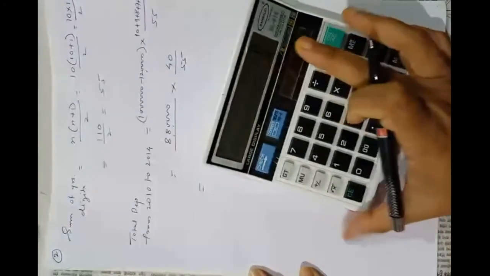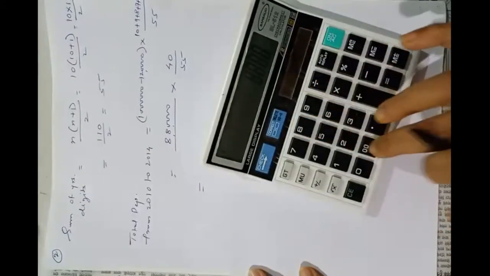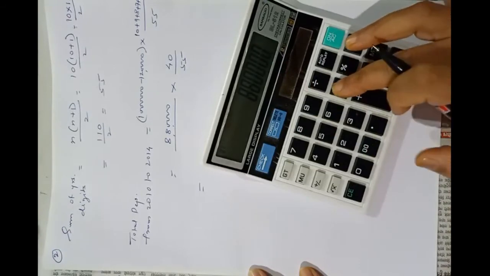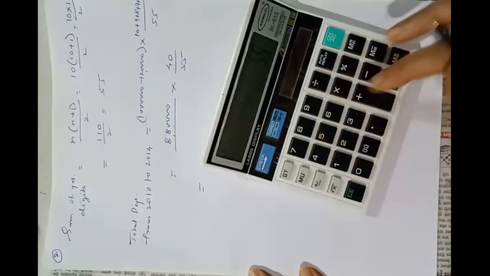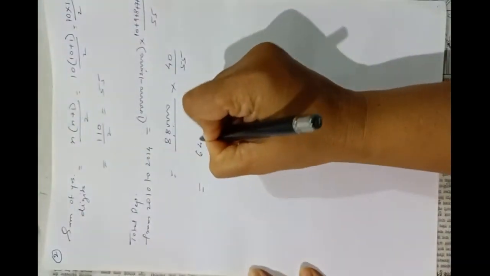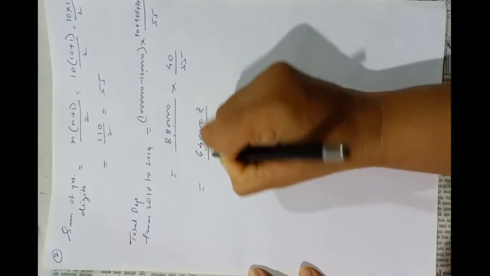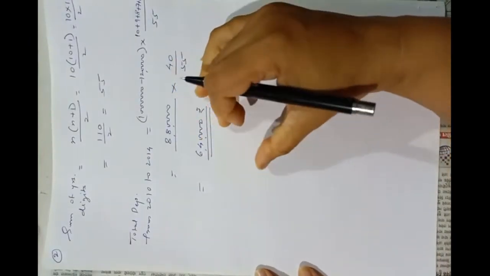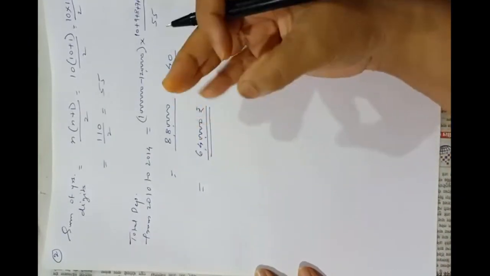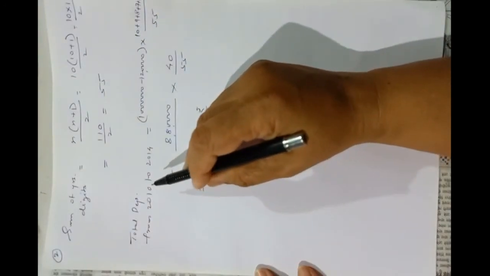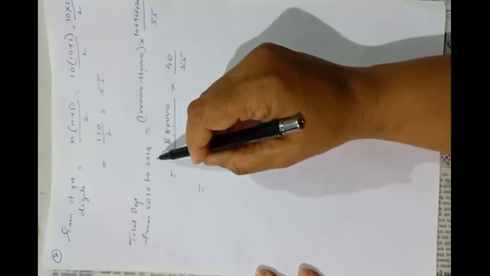Okay, so 8,80,000 into 40 upon 55. So it is 6,40,000. Rupees 6,40,000 will be the total depreciation of 2010, 11, 12, 13 and 14.